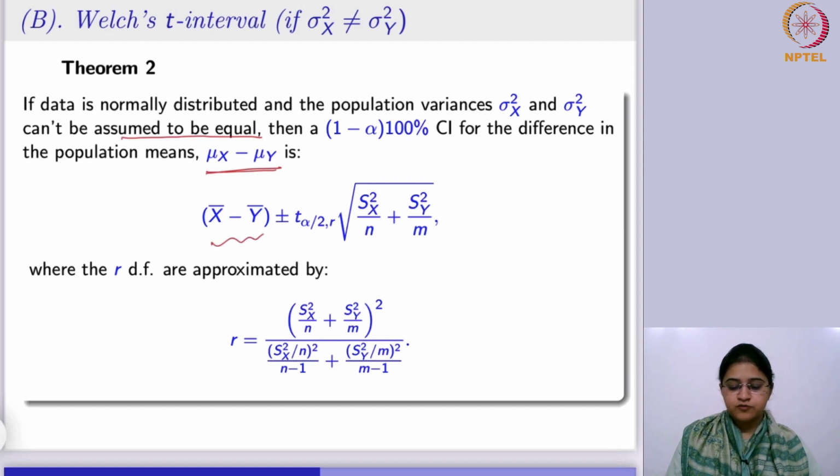Here t alpha by 2 is the same, but the degrees of freedom are changing. Since the pooled variance was common to both, it basically went outside the square bracket.